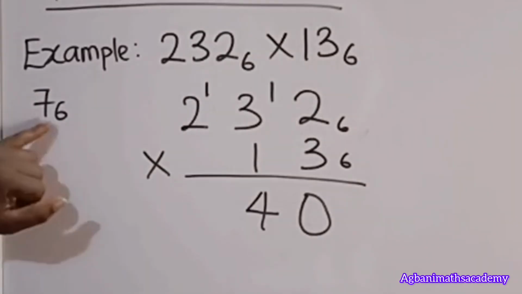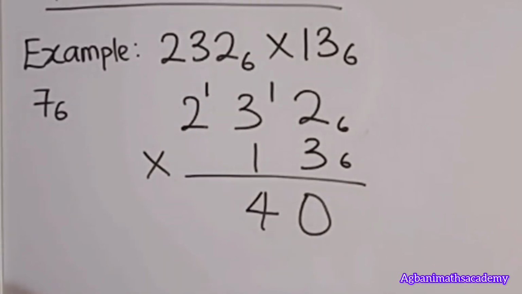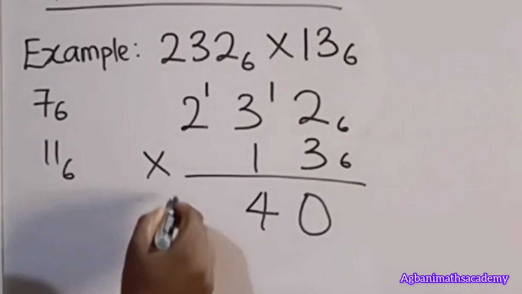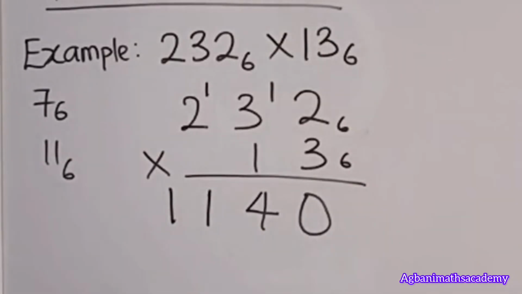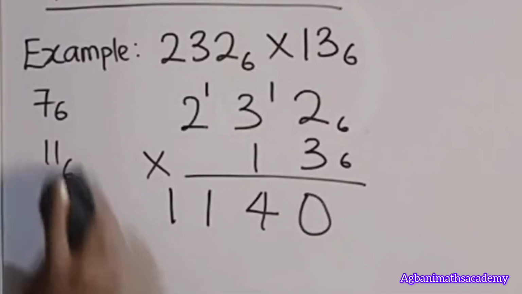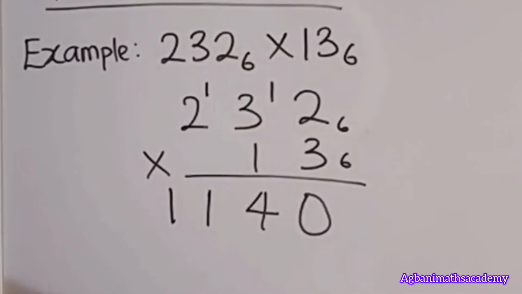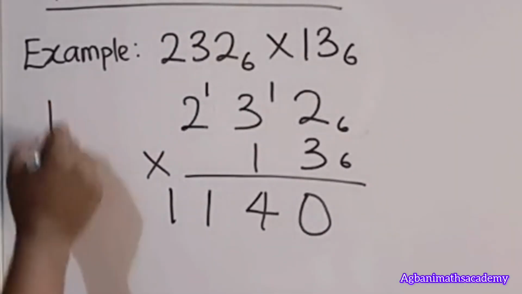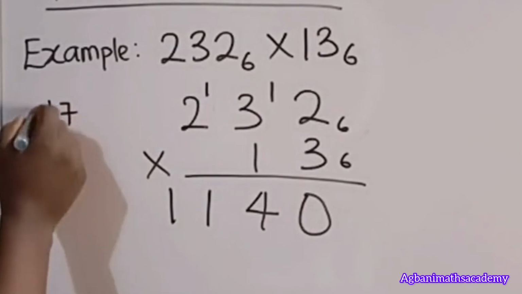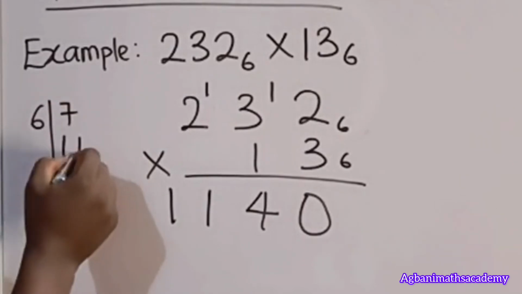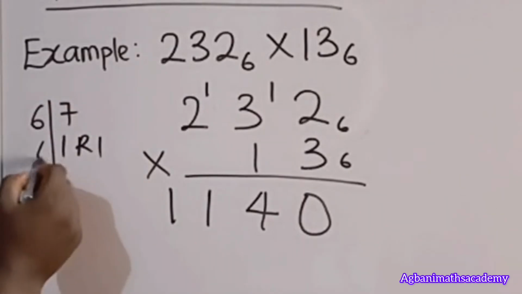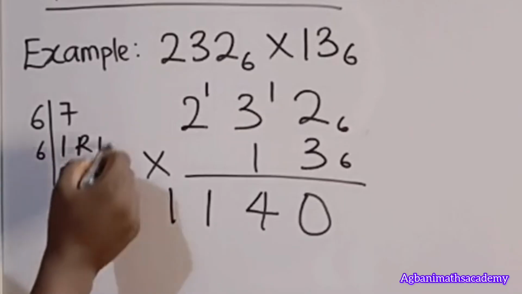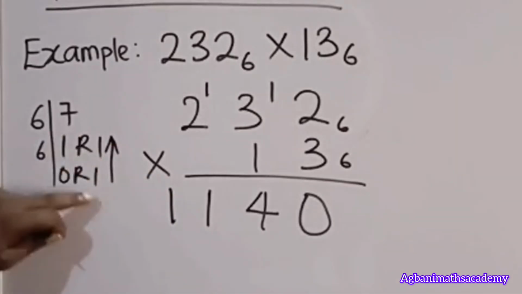Instead of 7, we are going to have 11 base 6, and that's what we're going to write. For those asking how we got 11, let me do that. 7 divided by 6 is 1, remainder 1. 1 divided by 6 is 0, remainder 1. So 1 1. These are the numbers we are writing.